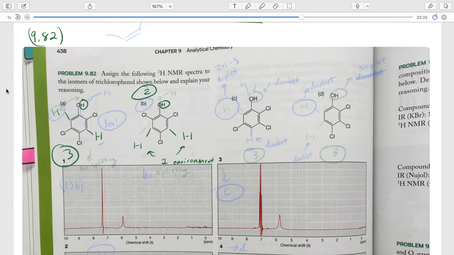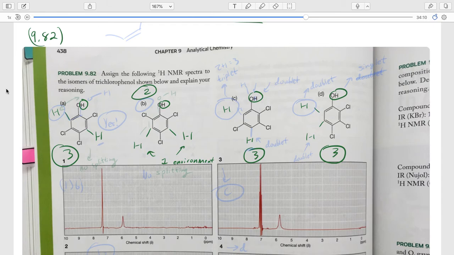This one, we have H, H, and then H again. Those aren't equivalent, so we've got 3. Here we've also got 3. So it looks like the one that should be the easiest to identify is letter B. We should only see 2 peaks, and what's also special is that we have no splitting occurring.